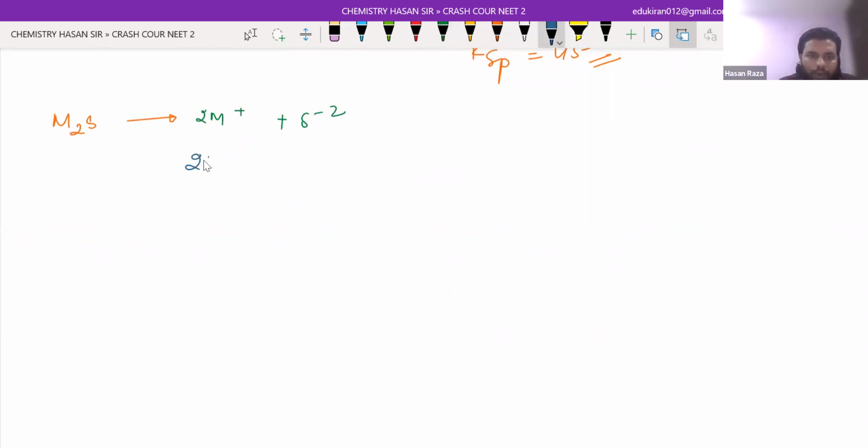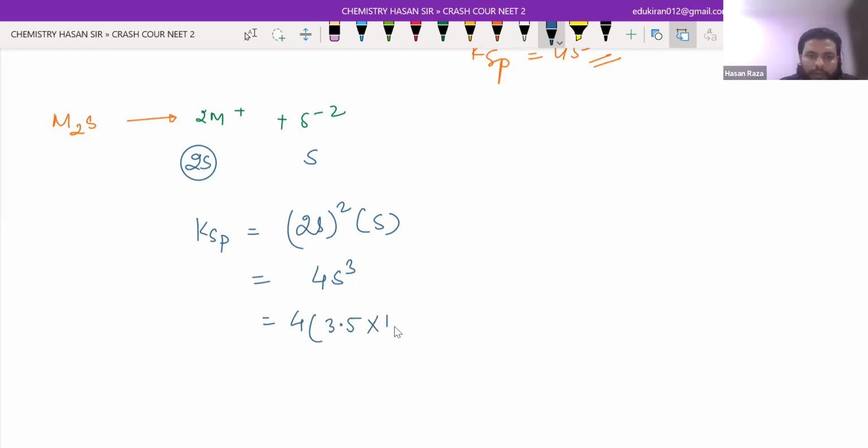Now the solubility of M plus will be 2S and solubility of S minus 2 will be S. If you are going to write the value of KSP, it will be 2S raised to the power 2 and S will be like this. Now you can see you are going to solve it like this, and solubility is given as 3.5 into 10 raised to the power minus 6. 3.5 into 10 raised to the power minus 6, which is raised to the power 3.